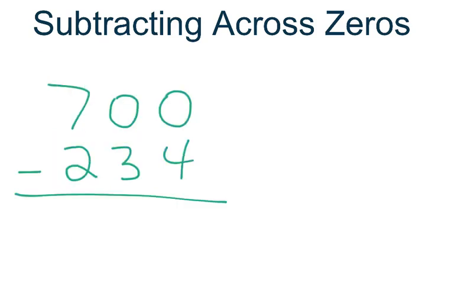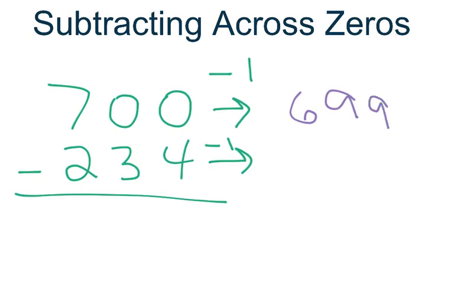Okay, this method I call minus 1 minus 1 because you're going to take 1 from the top number and 1 from the bottom number. So if we have 700 and I subtract 1, you're left with 699.